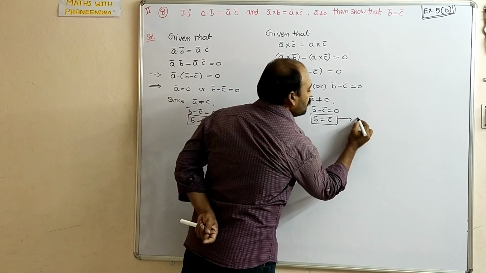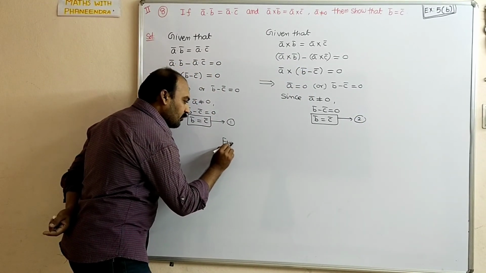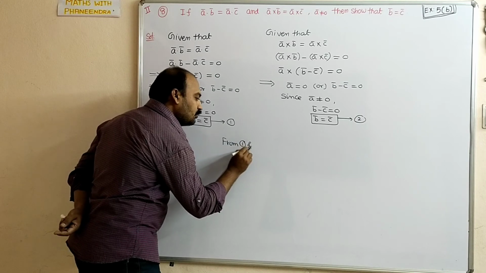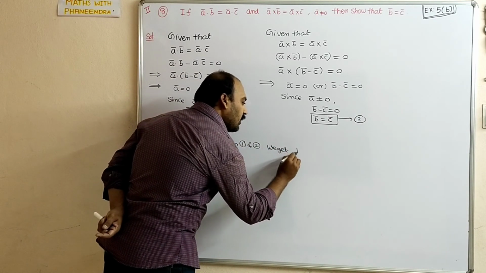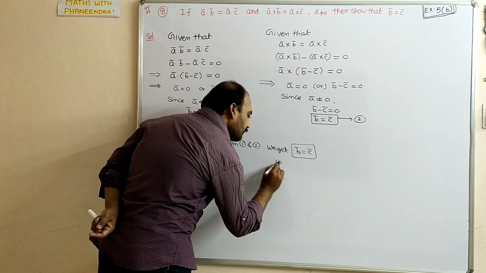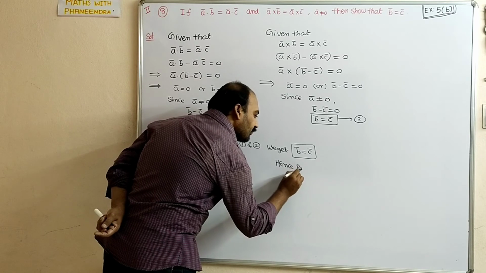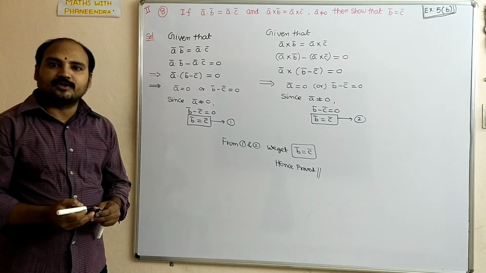Equation number 2. From 1 and 2, we get b bar equal to c bar, hence proved. We will move to the next question.